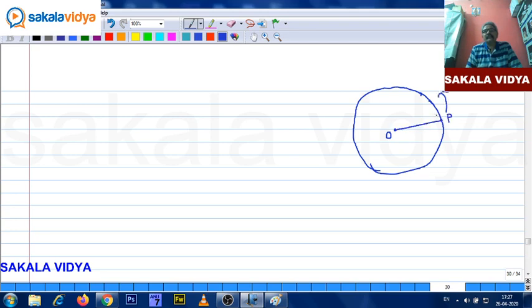With time t it comes to P dash, and it makes theta angle about O. This theta is called angular displacement.